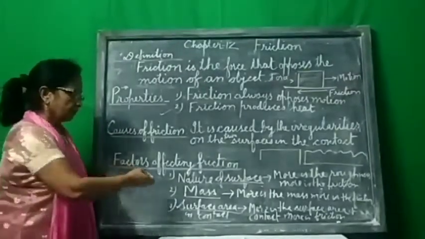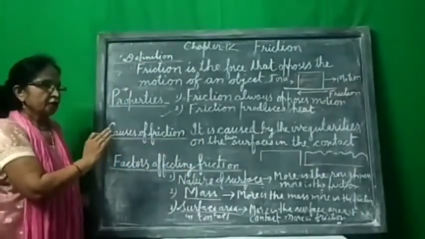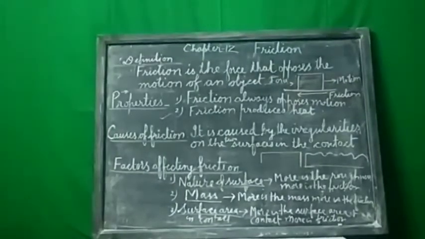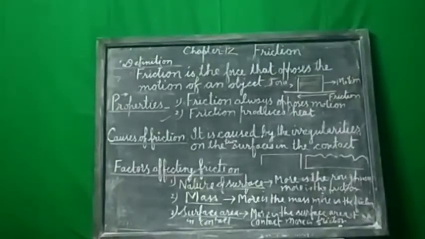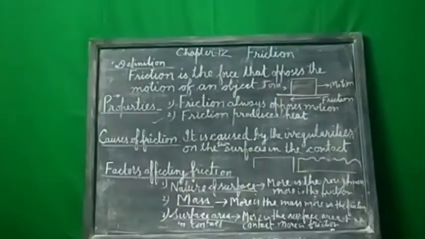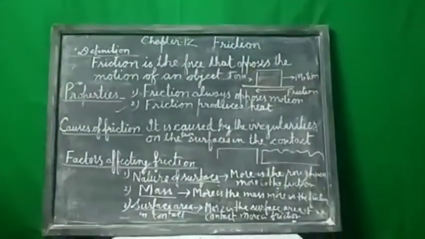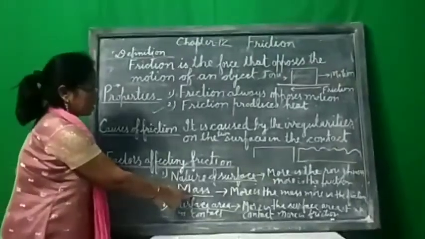So what will happen? Friction will increase. That's why sportsmen wear grooved shoes. So these grooves are specially made to increase the friction between the ground and the sole of their shoe to save them from slipping. And the second factor is there, mass.